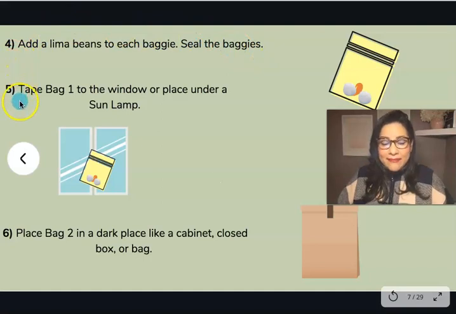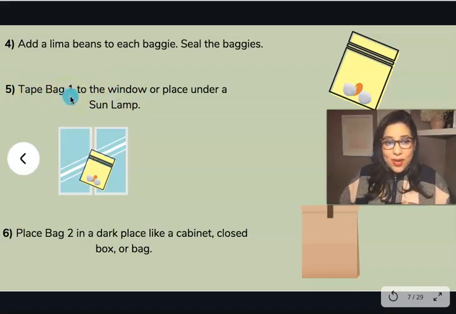Step five, you're going to tape bag one to the window or place it under a sun lamp. So the key idea here for number five is that you want to make sure that the lima bean in bag one is getting access to light energy.